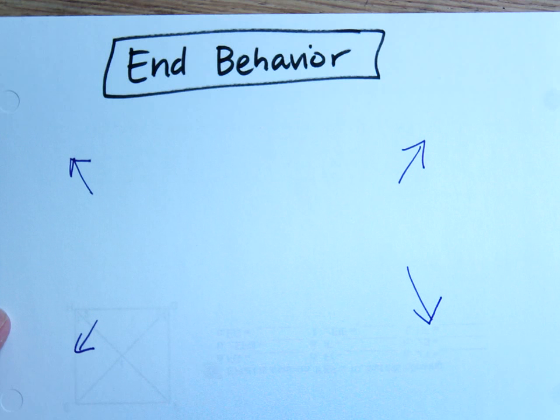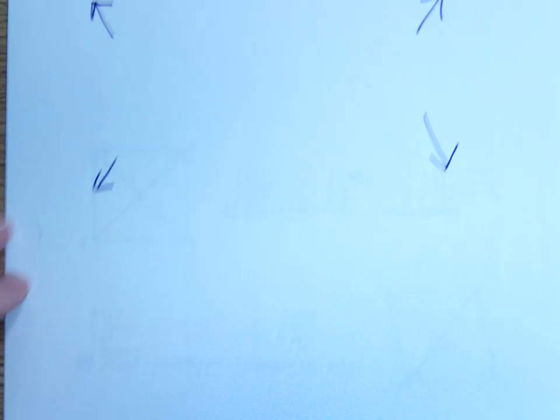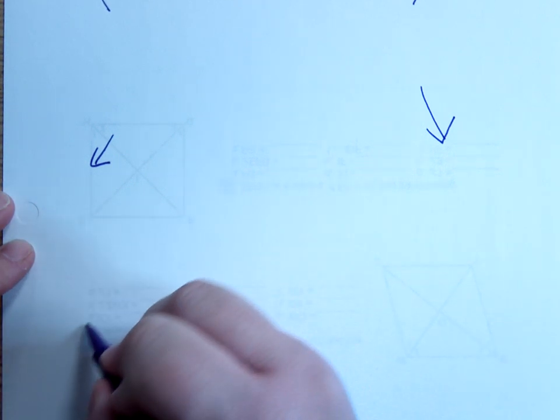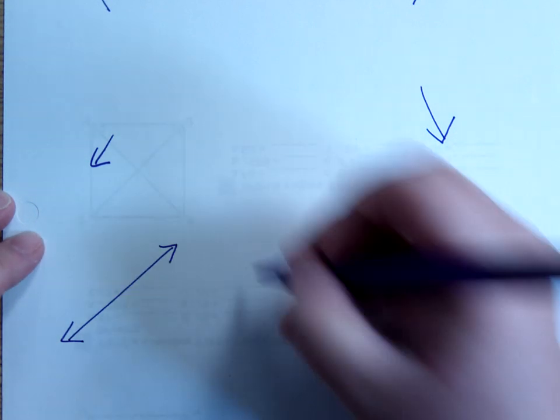It turns out that you can see that limited number of possibilities if you analyze the graphs of lines and parabolas. In other words, let's look at a linear equation. Assuming it's not horizontal or vertical, a linear equation could go like this, or it could go like this.